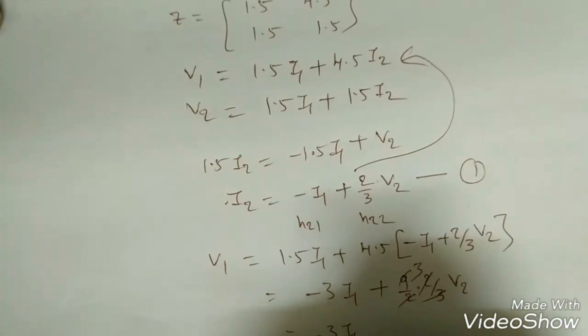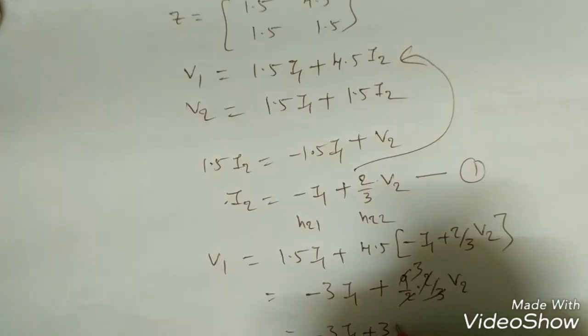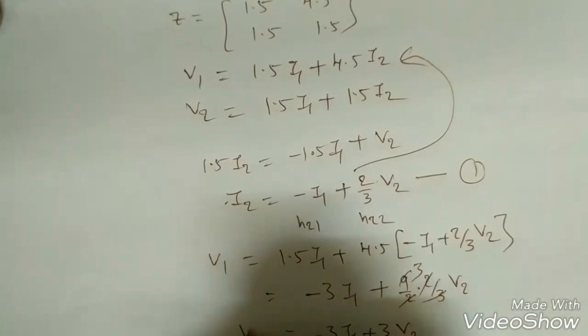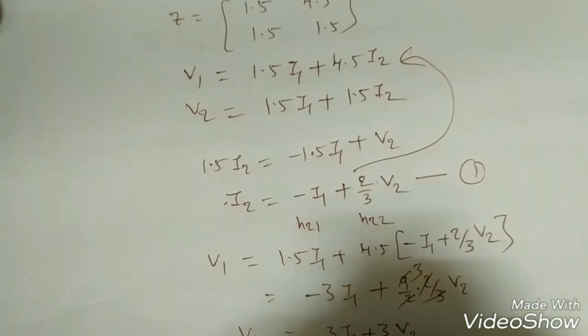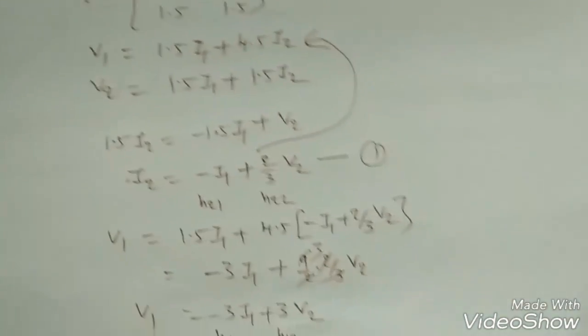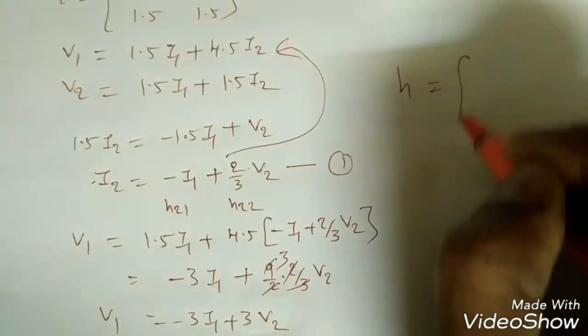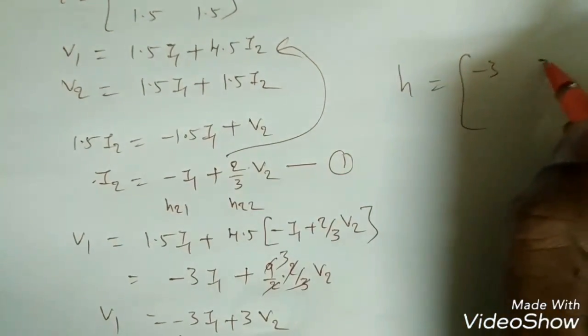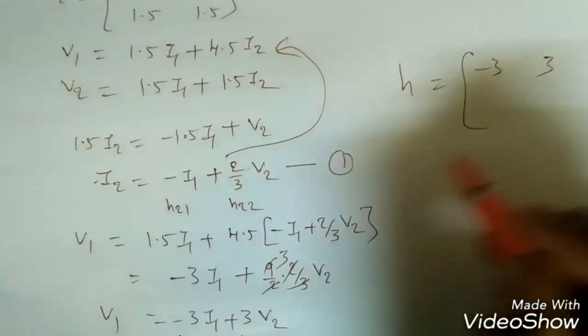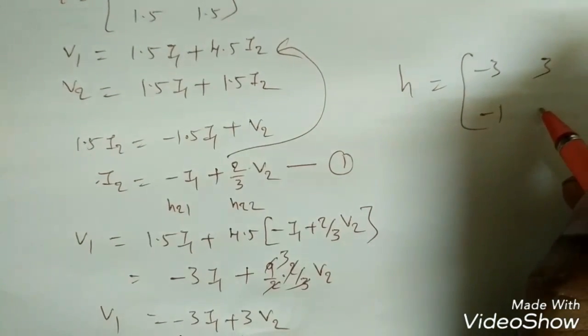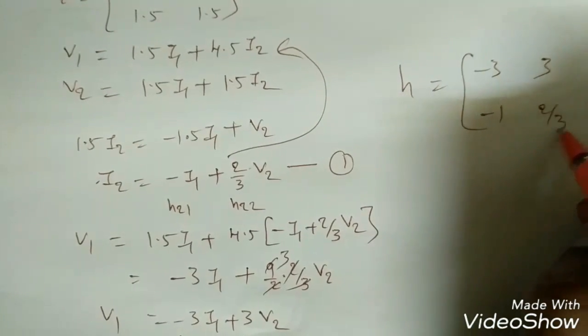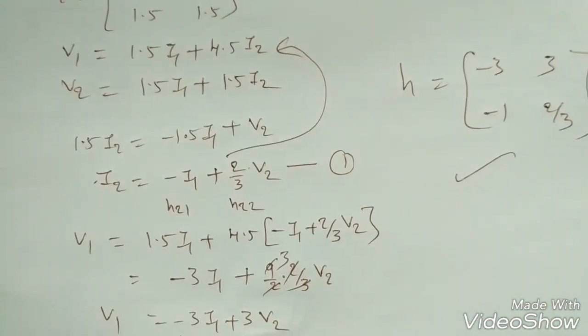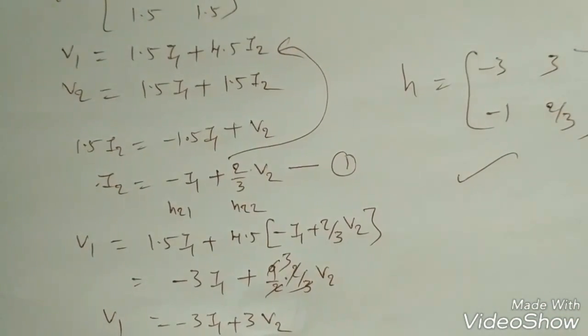So minus 3 I1 plus 3 V2. So this is V1, this is H11, this is H12. Now what is the H parameter? The H parameter is equal to minus 3 comma 3, and from this expression minus 1 comma 2 by 3. Right? So this is how to find the H parameters.